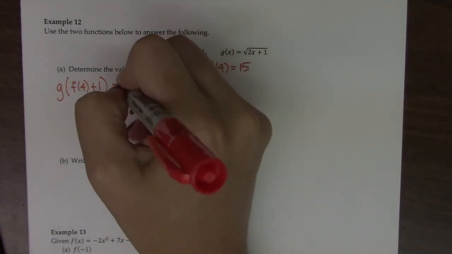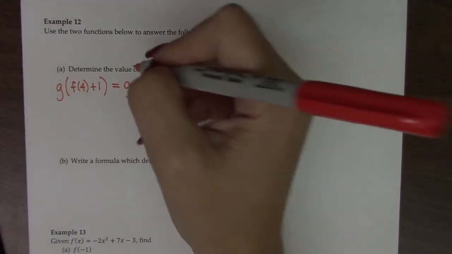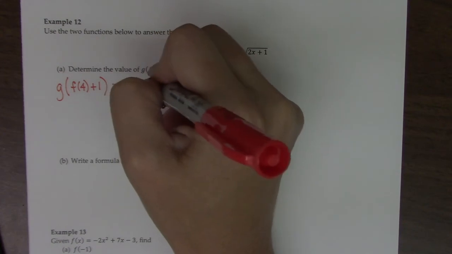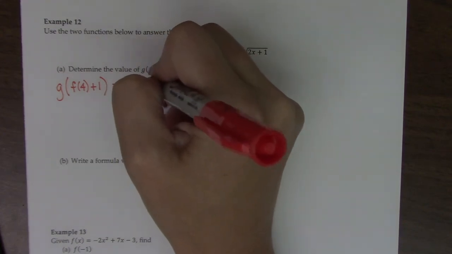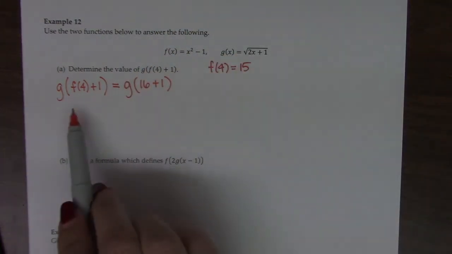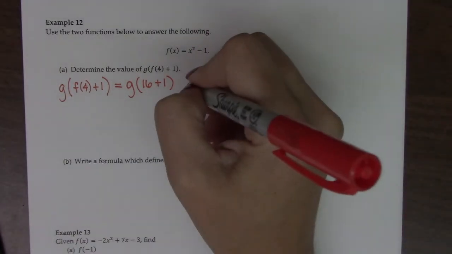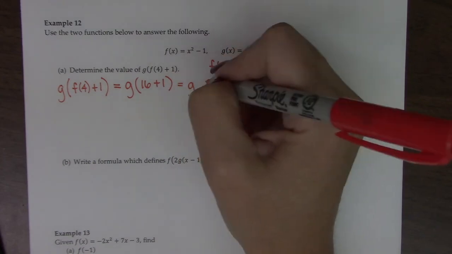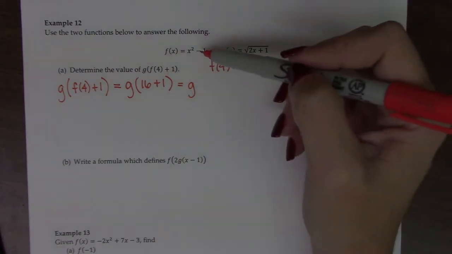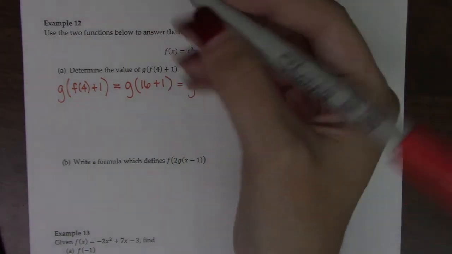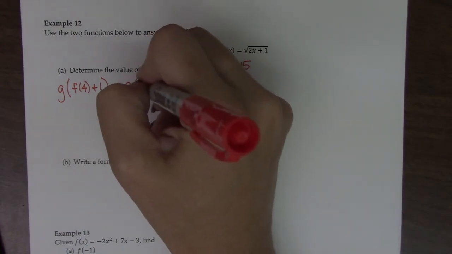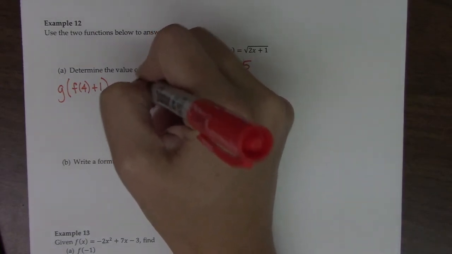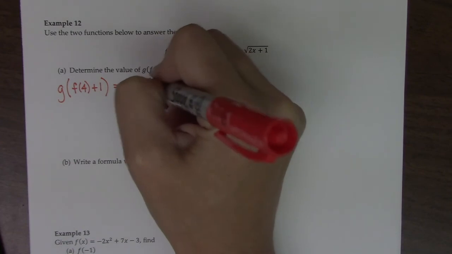So now I've got g of 15 plus 1. Let me check that. Yes, 16 minus 1 is 15, sorry, so this was 15 plus 1. There we go.